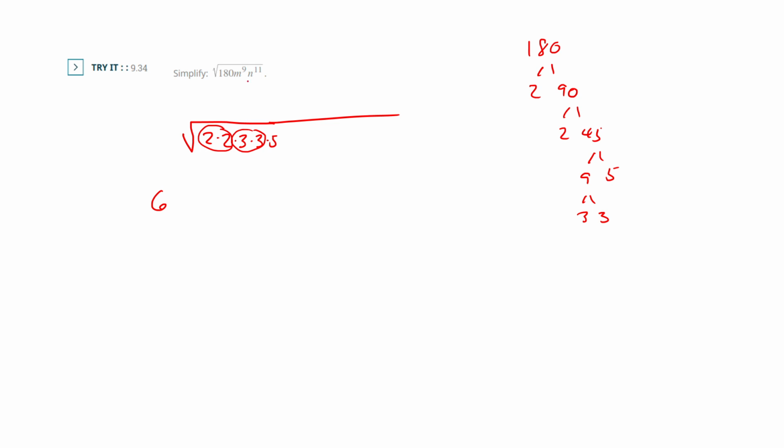Now, if you partnered up M's, you'd be able to bring out 4. Partnered up N's, you'd be able to bring out 5. And what's left inside didn't partner, and you've got 1 M left and 1 N. So again, you can write out all those M's and N's and loop them up, and hopefully you should get the same thing as me.